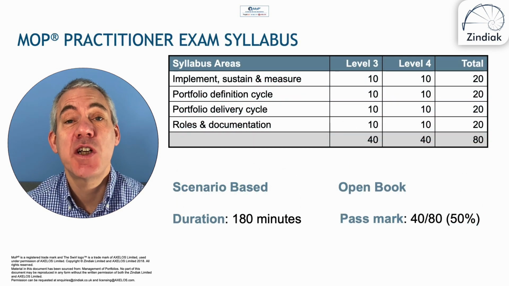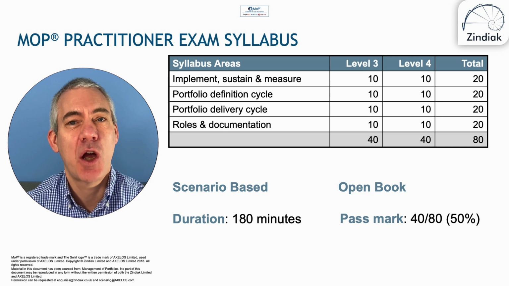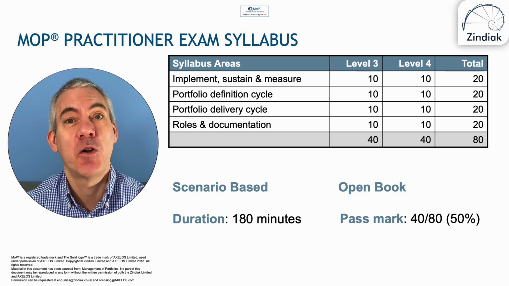So in order to achieve the MoP Practitioner certification, you will need to pass the MoP Practitioner examination, and it's a 3-hour exam with a required pass mark of 50% or 40 out of 80 questions. So in the exam it will show 4 questions related to the 4 syllabus areas you can see there, but in reality each of those 4 questions has several parts.